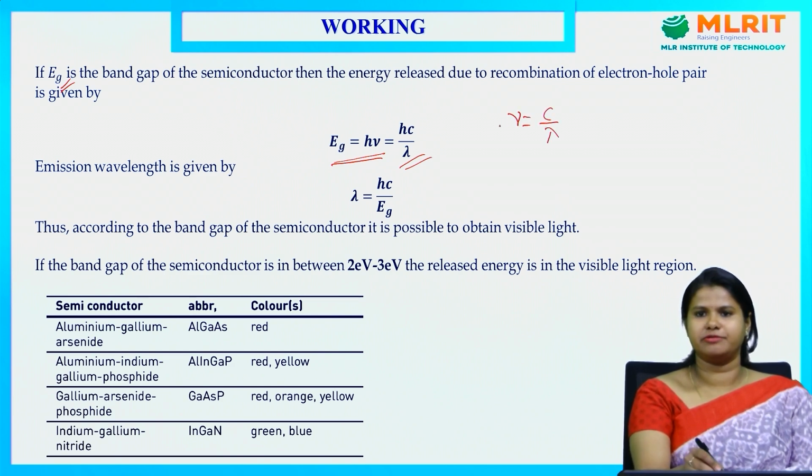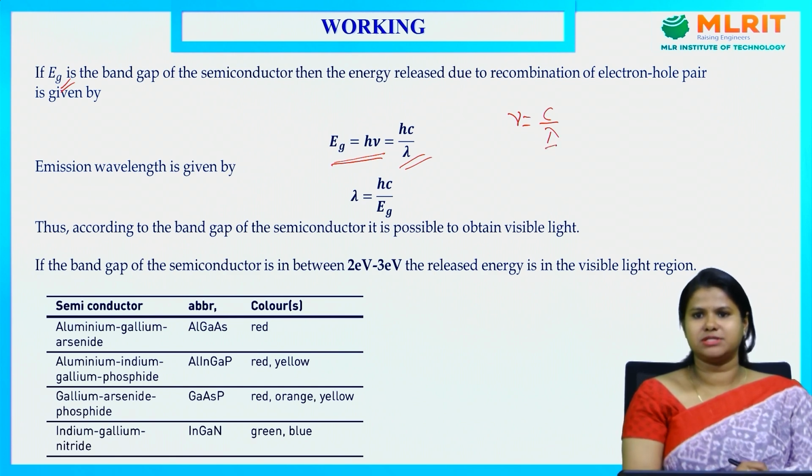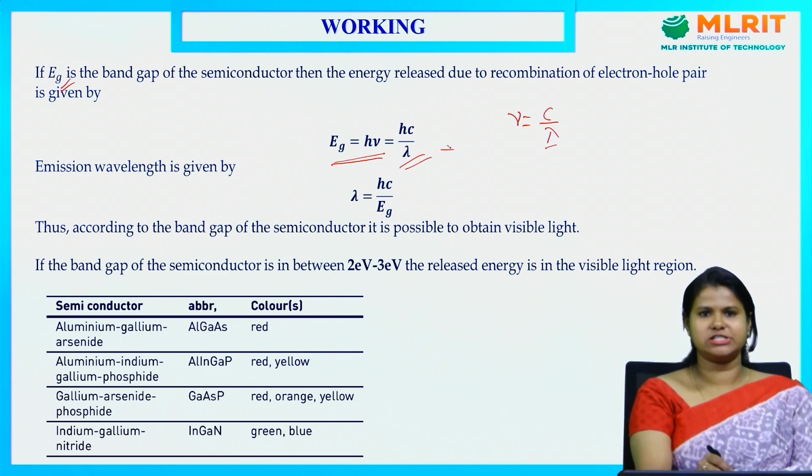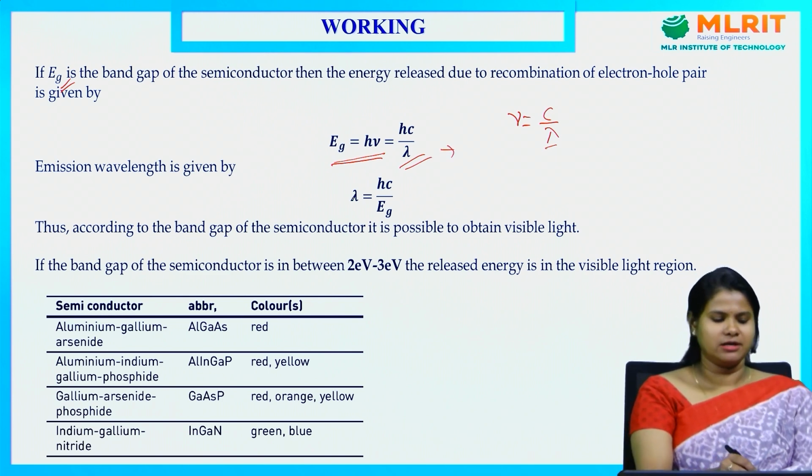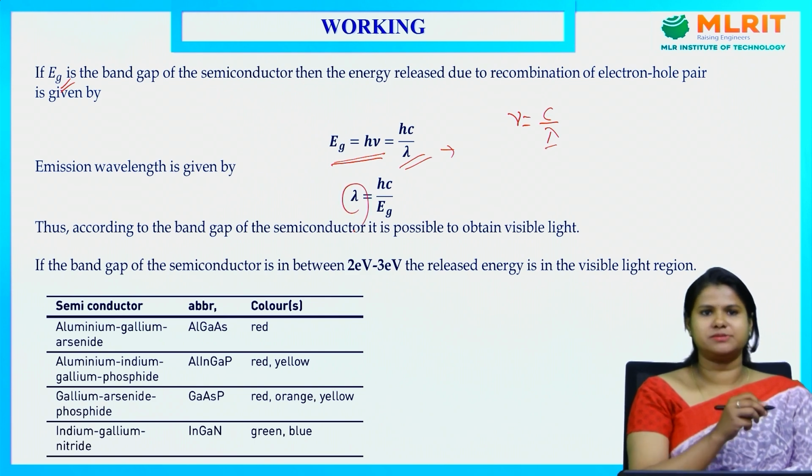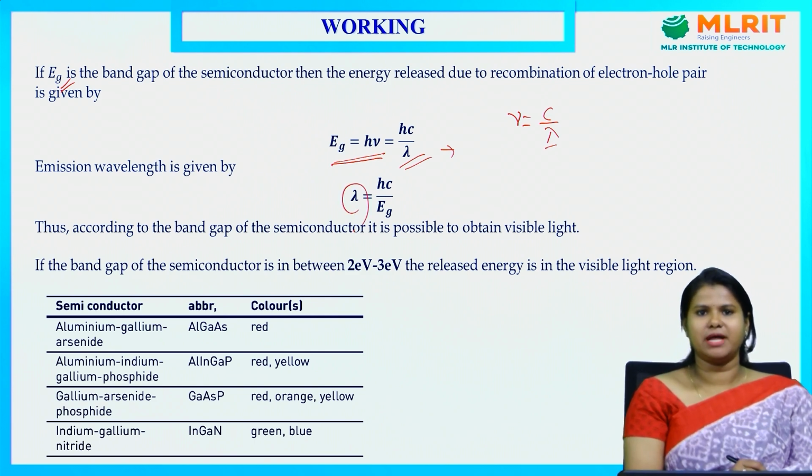Nu is the frequency of the emitted light, lambda is the wavelength of the emitted light, and c is the speed of light in vacuum. So from this relation I can say that the emission wavelength of this particular LED is given by lambda is equal to hc by Eg.